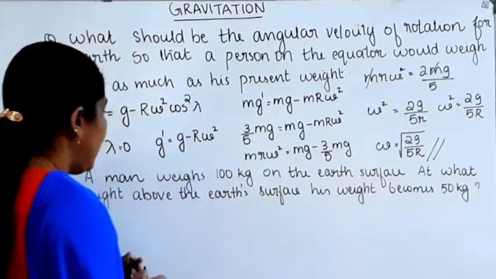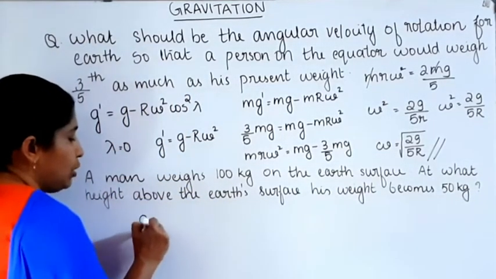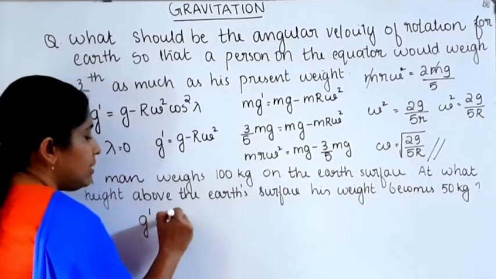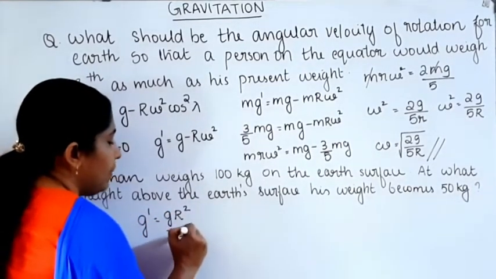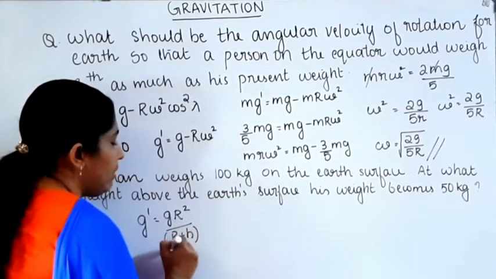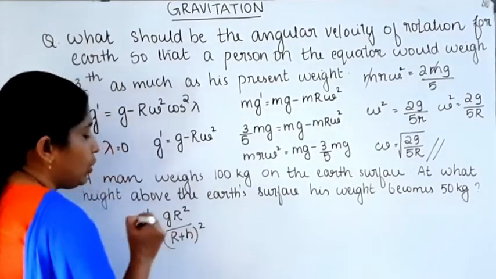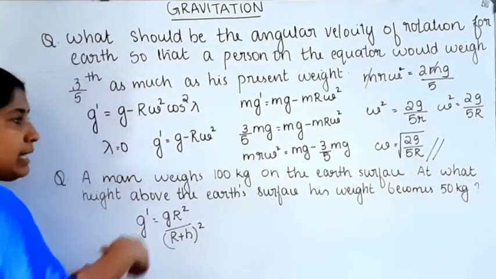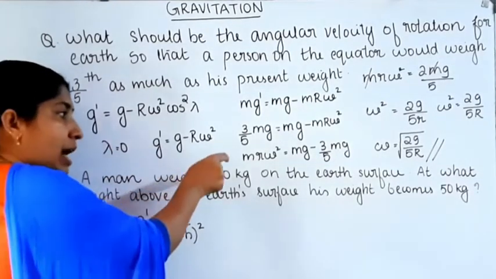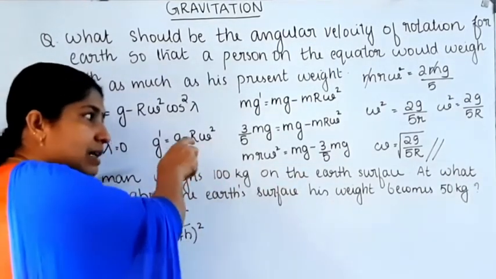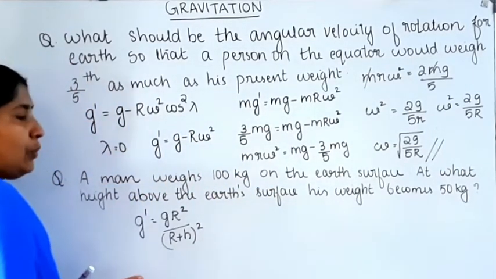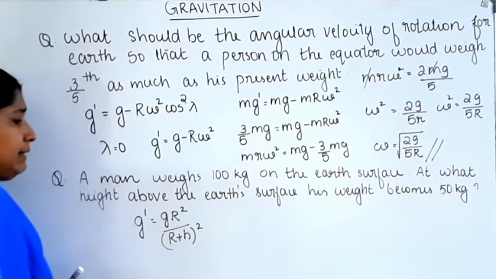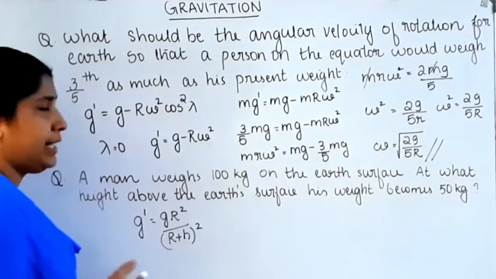So we can write the equation G dash is equal to G R square divided by R plus h the whole square. This equation is used when h is comparable to the radius of the earth. So it is very clear that the height is comparable with the radius of the earth.